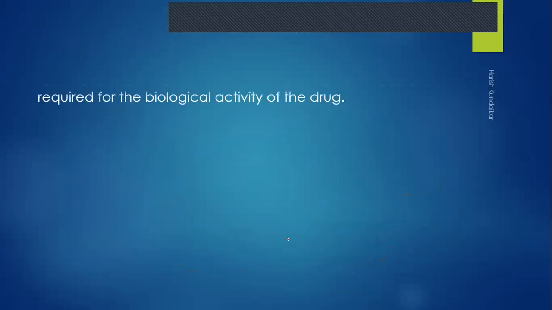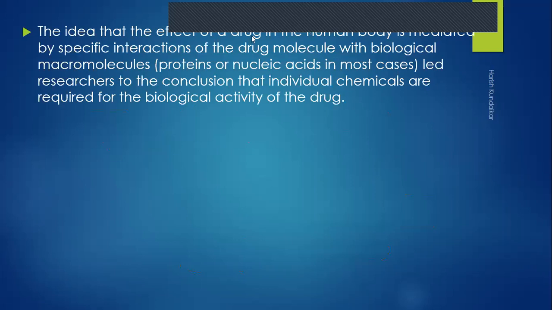Now, the idea that the effect of the drug on the human body is mediated by specific interactions of the drug molecule with biological macromolecules, such as proteins or nucleic acids or enzymes in most cases, led the researchers to conclude that individual chemicals are required for biological activity of the drug.